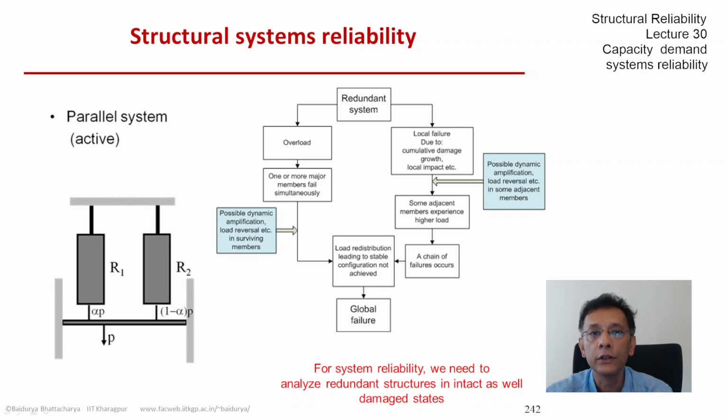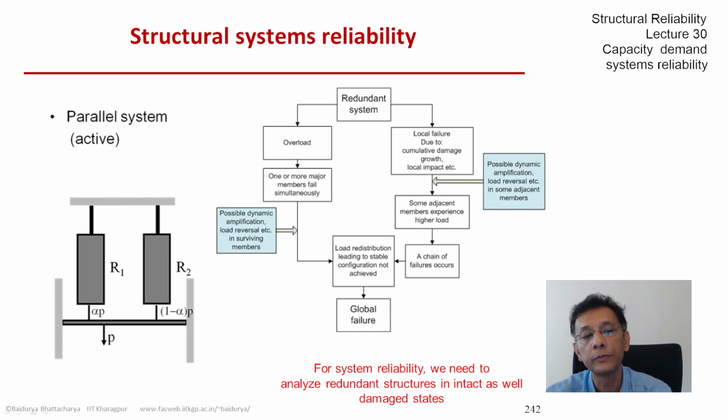We are going to look at two extreme cases, two ideal cases. On one end, we have complete brittle behavior, which means as soon as the failure load is reached, the member completely fails and it is not able to provide any resistance.